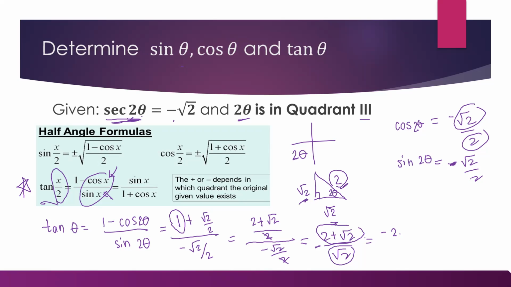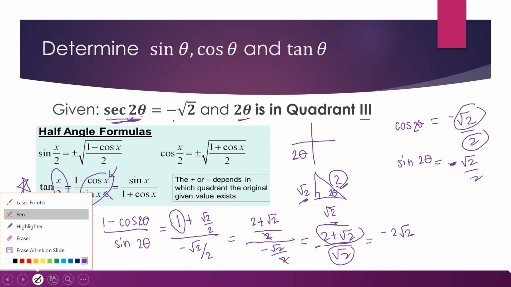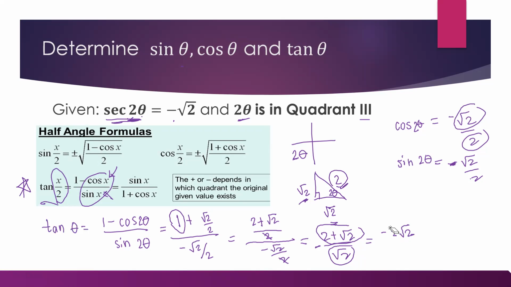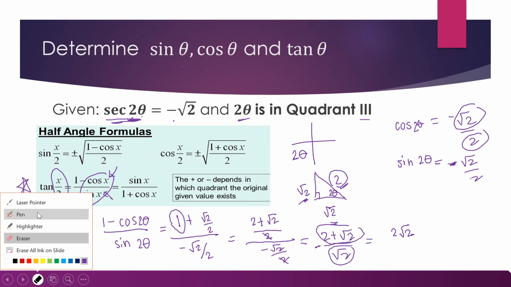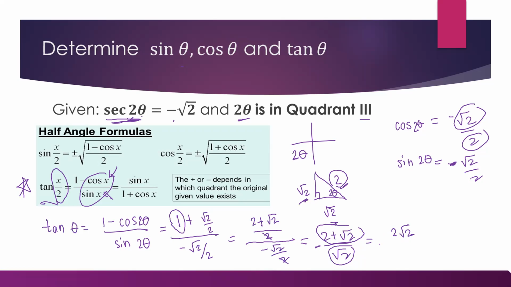So, multiplying by square root of 2 over square root of 2, this is negative 2 square root of 2 by the distributive property. Let's take the negative out and put it in front of the fraction so we don't have to distribute it. So, we multiply by square root of 2. This one will be 2.